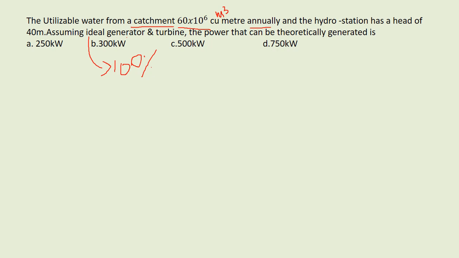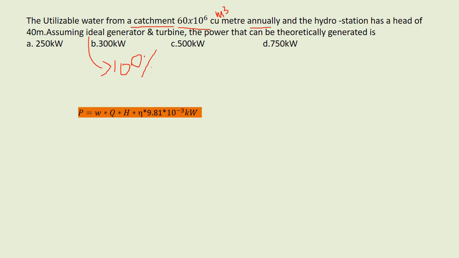So we need to find the generated power. We already know the power equation is W into Q into H into efficiency, with the 9.8 we discussed in the interaction class also. Let us identify the quantities.